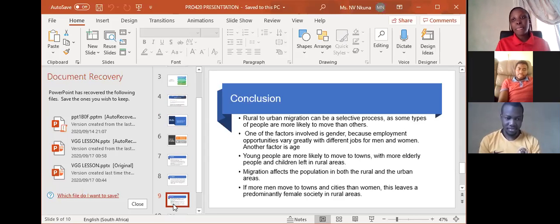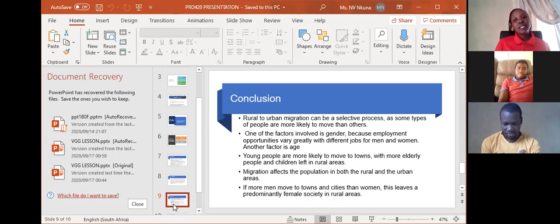So most people who move from rural areas to urban areas are men. Another factor is age. Young people are more likely to move to towns, with more elderly people and children left in rural areas.